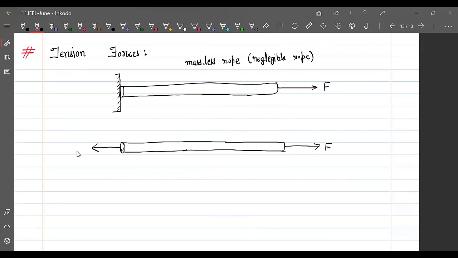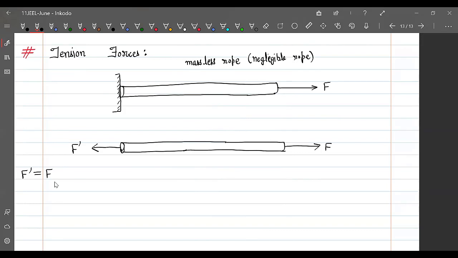It's not a normal reaction force, but call it F dash, that the surface is applying on the rope. For this rope to stay in equilibrium, that F dash will be equal to F.